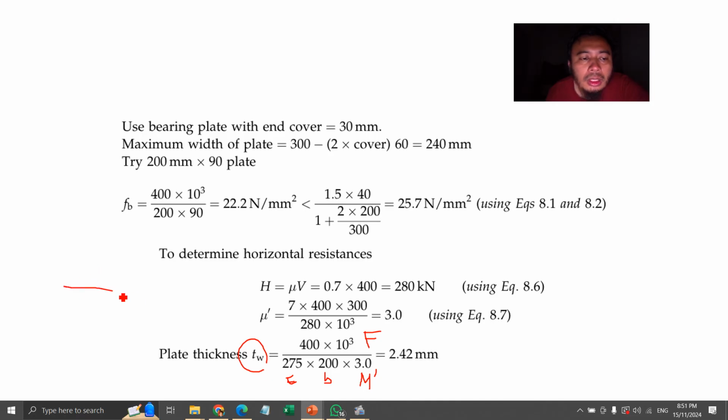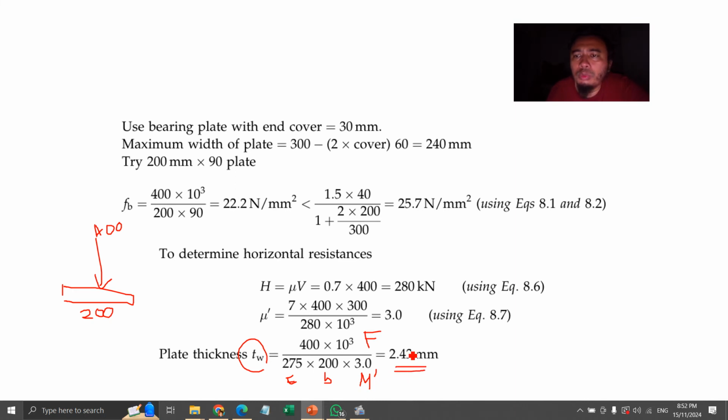So basically you are crushing the plate. The force here is 400. You want to see how much thickness is required to sustain the force of 400 kilonewton. So you have your 200 here, B times modulus of elasticity for the steel plate. So you get your thickness.